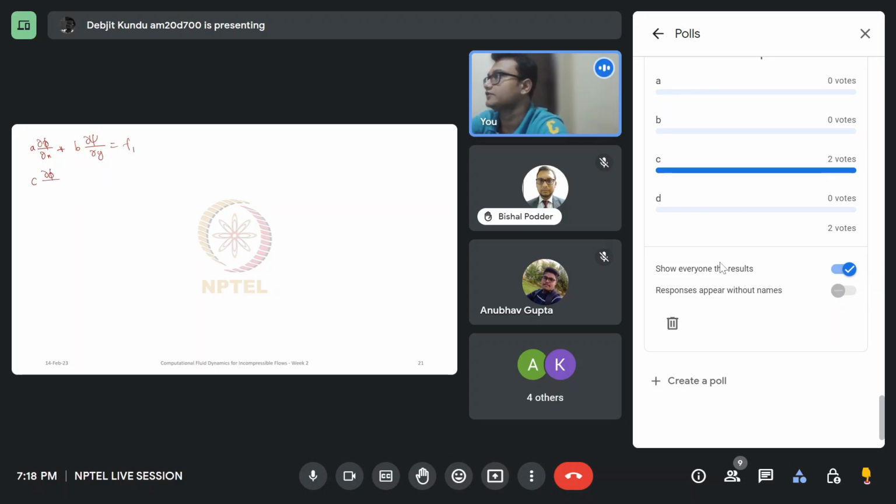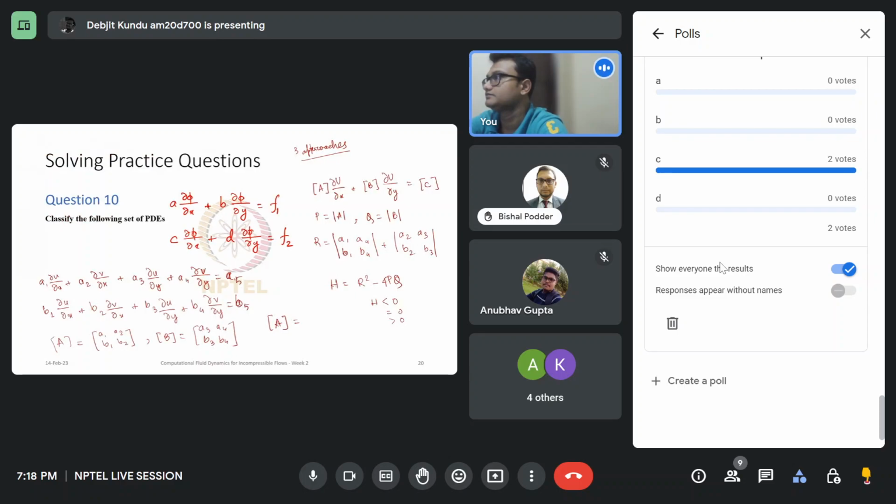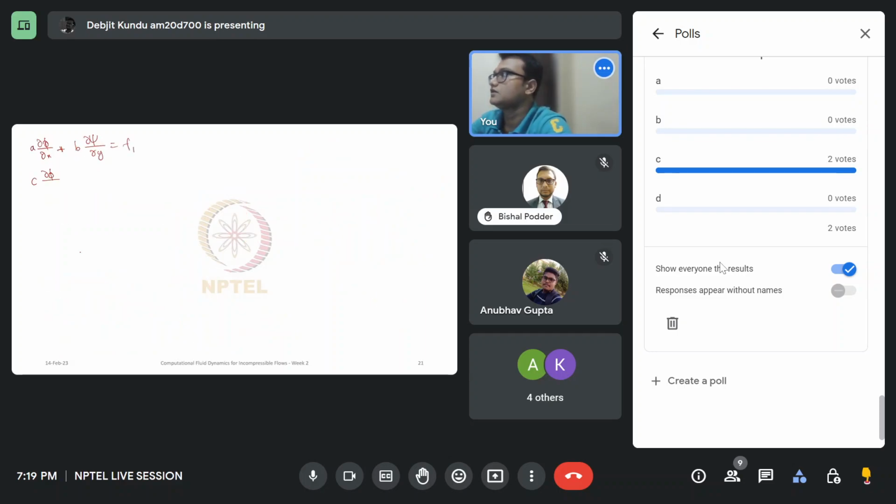What did I have over here? ∂φ/∂x, ∂φ/∂y. Then I have C ∂ψ/∂x plus D ∂φ/∂y equal to some f1. Now comparing it with those earlier equations, let's see if I can include them.